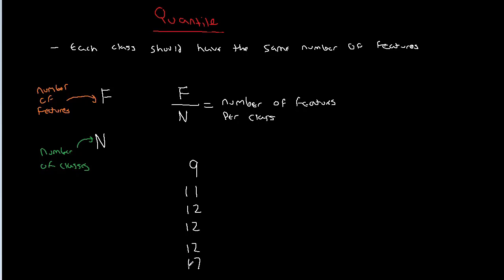This is an ordered data set, and we want to have two features in each class. So we'd start here, go 1, 2, and put a break here, then 1, 2. We would want to put a break here, but we would be dividing a 12 and a 12, and we can't do that. So we would end up putting the break here instead. You have to be careful that you don't split the same value into two different classes.